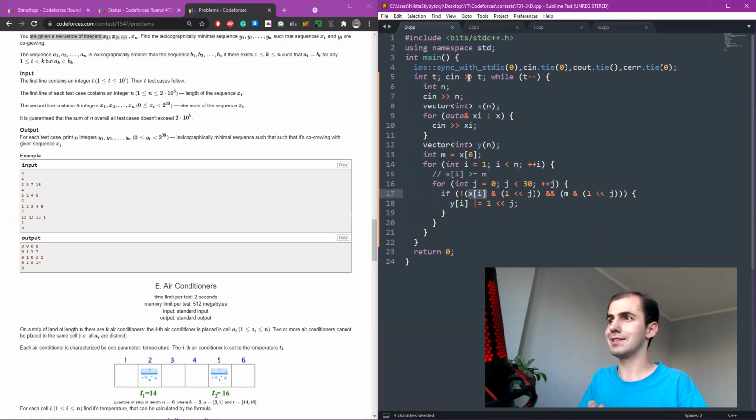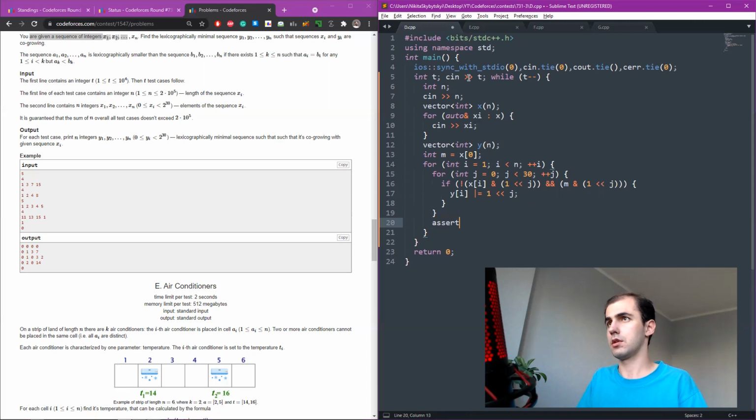Now, what is next? Can we make y_i any smaller? No, no, no. You can't. You have to set some bits, and you're free to go. And because it asks for the lexicographically minimal, you just do greedy. Unbelievable problem quality, honestly.